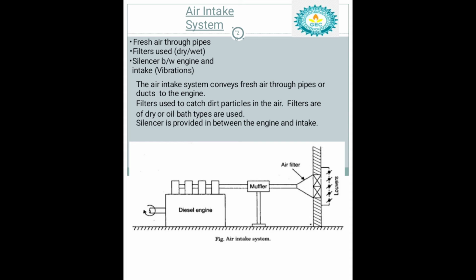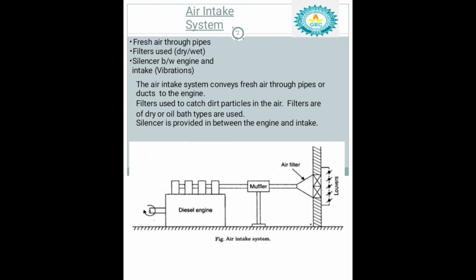When the suction stroke occurs inside the cylinder, it creates a vacuum. So the pressure inside the cylinder is low compared to the outside pressure, which is nothing but atmospheric pressure. The high pressure air always flows toward the low pressure region. So this pressure difference causes the air to be automatically admitted into the cylinder.